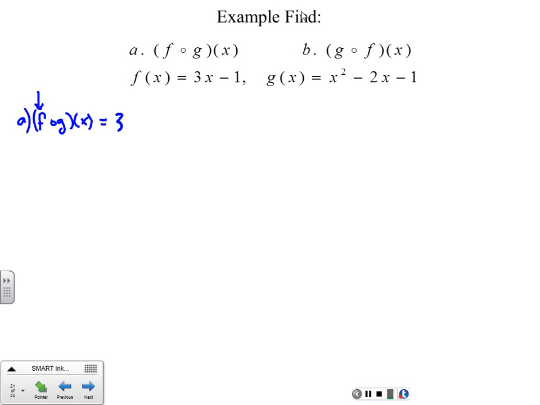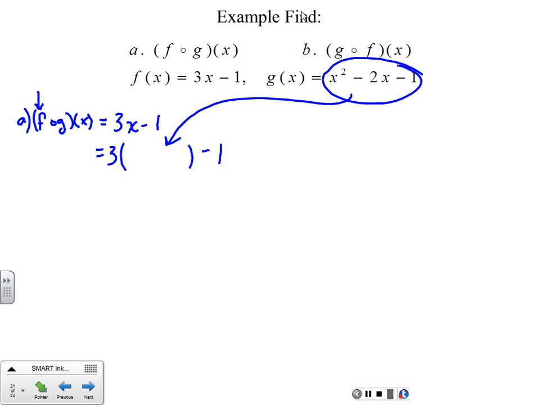So I'm going to do 3, and I see an x there: 3x minus 1. So to plug in g, what you're going to do is 3, and I'm going to make a skeleton where x is, minus 1. Do you see what I did? I just replaced that x with a skeleton. Inside that skeleton is where g goes. So we're going to have x squared minus 2x minus 1.